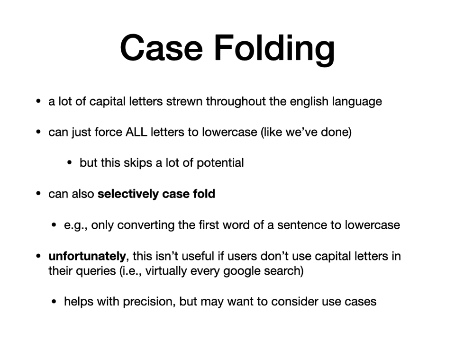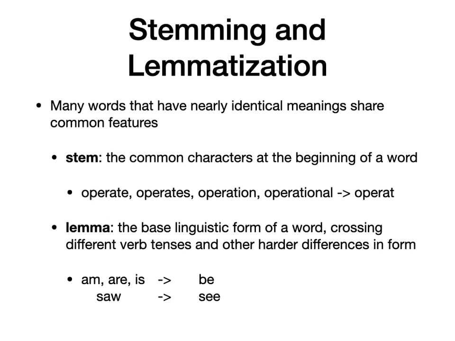Another one that's quite useful is stemming and lemmatization. These both get to the same idea, but they achieve it in different ways. So many words have almost the same meaning, and they share the same features.